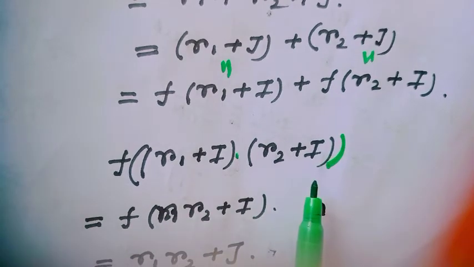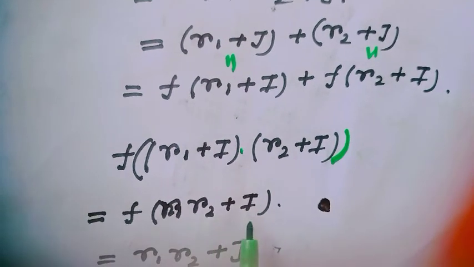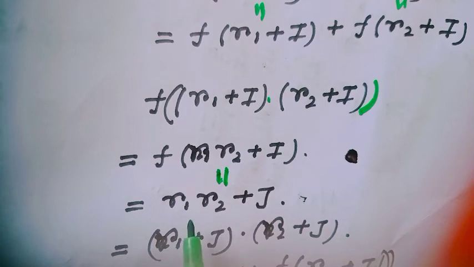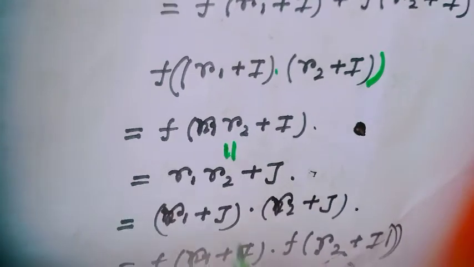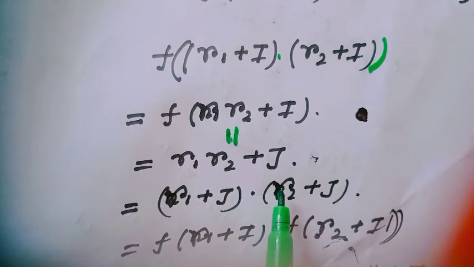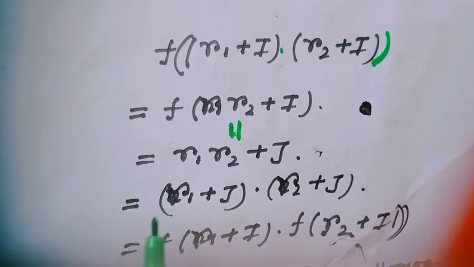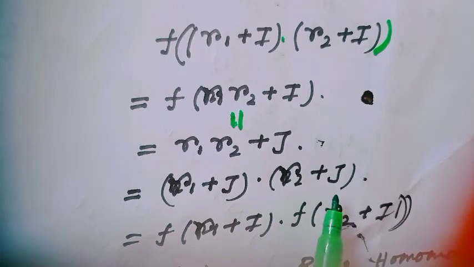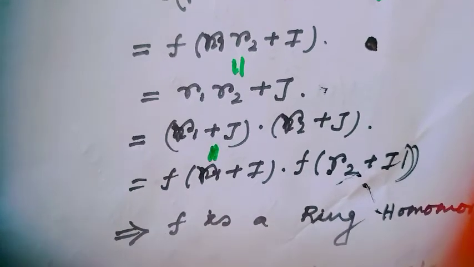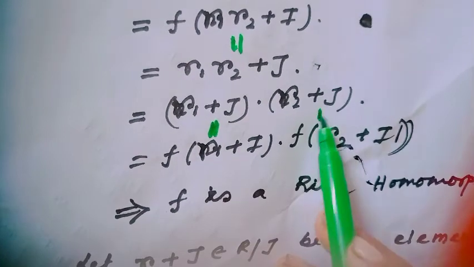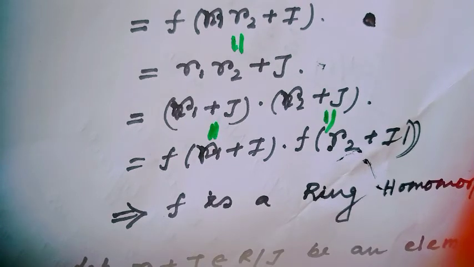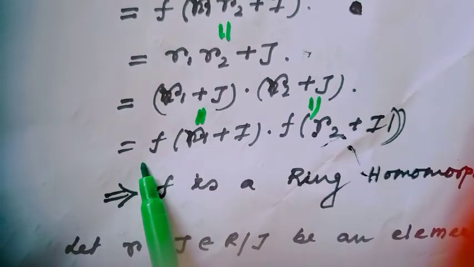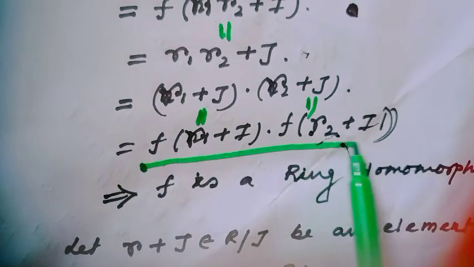By the property of quotient ring we can write it as f of r1r2 + I, which is actually, by the defined function, r1r2 + J, and also by the property of quotient ring we can write it as (r1 + J) times (r2 + J), and r1 + J equals f of r1 + I and r2 + J equals f of r2 + I. That means this value is equal to f of (r1 + I) times f of (r2 + I).